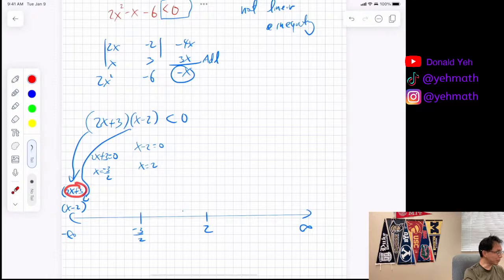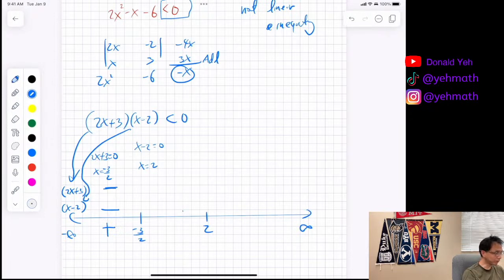I don't care about the number. If I plug in negative 2 for x, it gives negative 4 plus 3. What is negative 4 plus 3? Negative. I don't even care if it's negative 1, I care about this negative sign. What happens if you plug negative 2 into the second factor? What sign do I get? Negative, because it's a negative 4. So those two signs merge together, and that becomes positive.